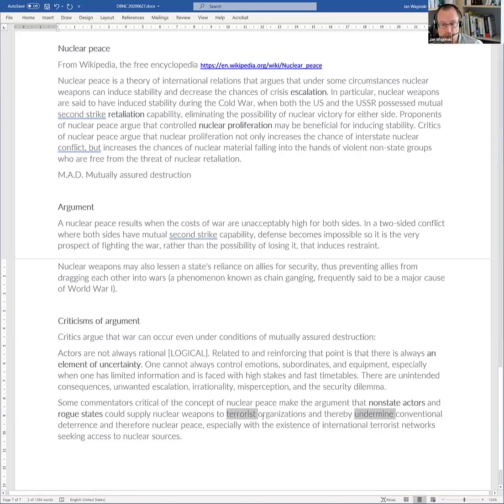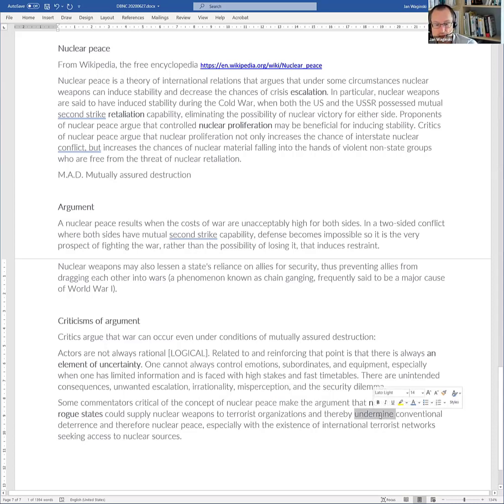Okay, good. So trouble with that word terrorist. Right. So one more time. Terrorist. And then here we had undermine. Okay, so we got a few words here. Undermine conventional deterrence.